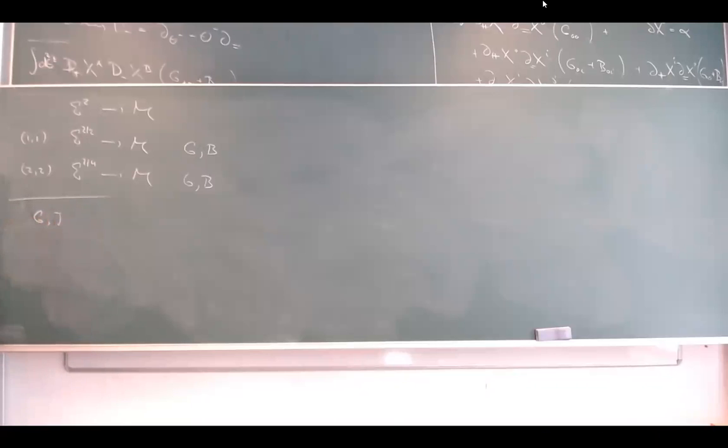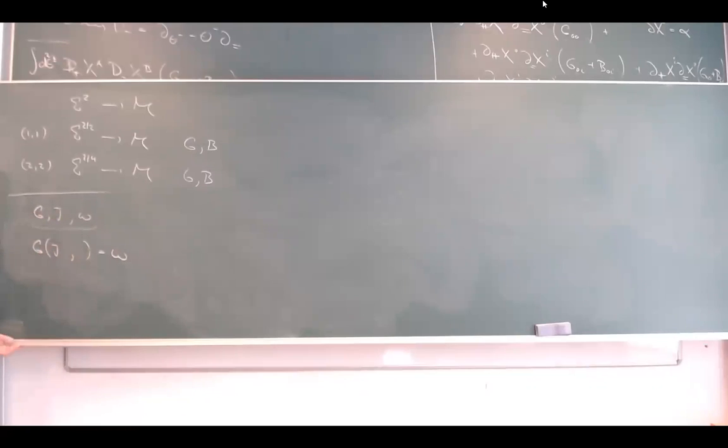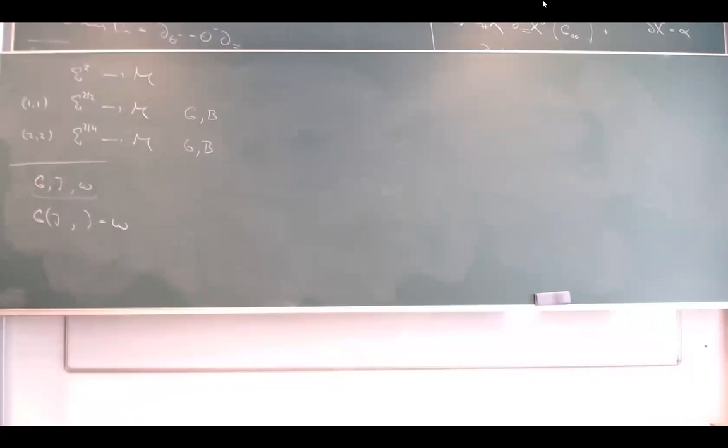So they have a complex structure J which is integrable, and omega, which is the Kähler form, and these three structures interact. So basically, this is the omega, right? G is Hermitian with respect to J.